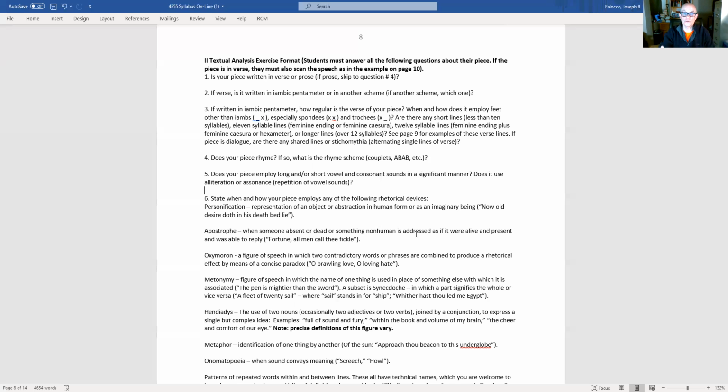So she says, "Fortune, all men call thee fickle." It's exactly the same thing Sky Masterson does in Act 4 of Guys and Dolls when he says, "They call you Lady Luck." That's apostrophe, speaking to the absent figure. And we know it's apostrophe because it uses thee, which is the object form of the pronoun thou.